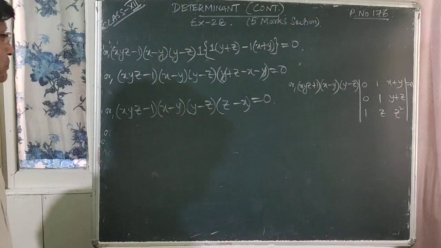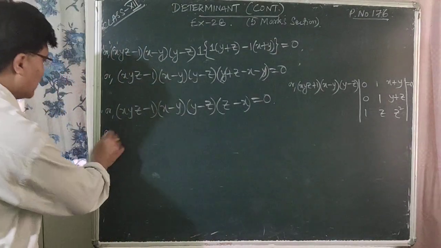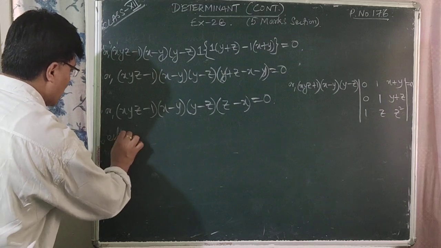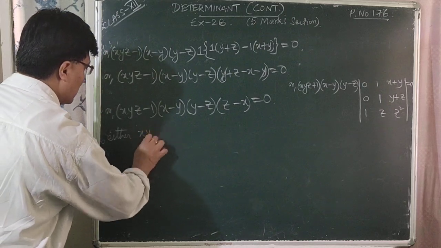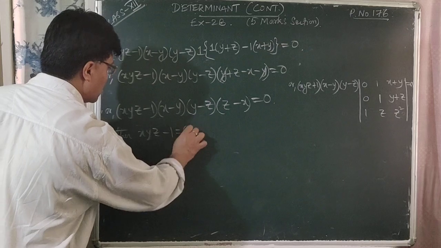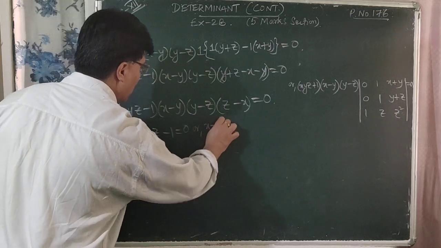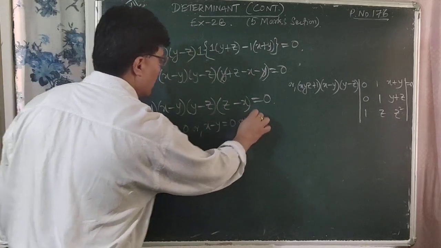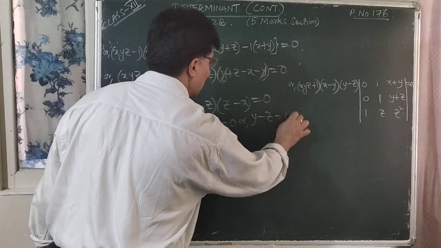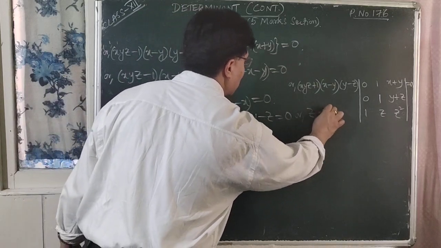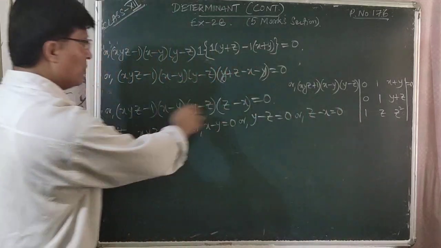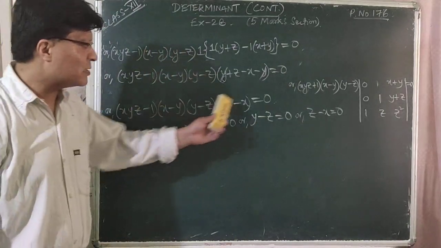Is that clear now? So here you can write either xyz plus 1 is equal to 0, or x minus y is equal to 0, or y minus z is equal to 0, or z minus x is equal to 0. From here, these are the four factors equal to 0.